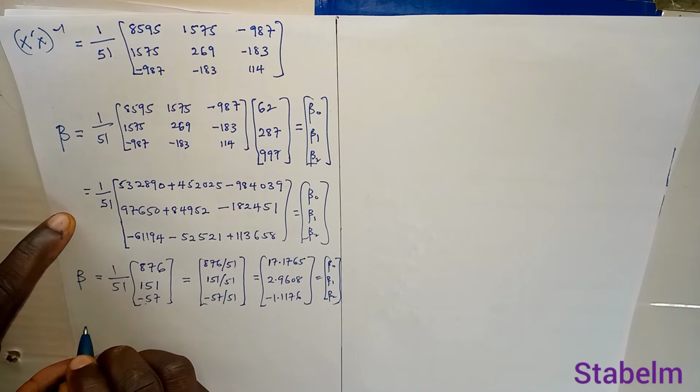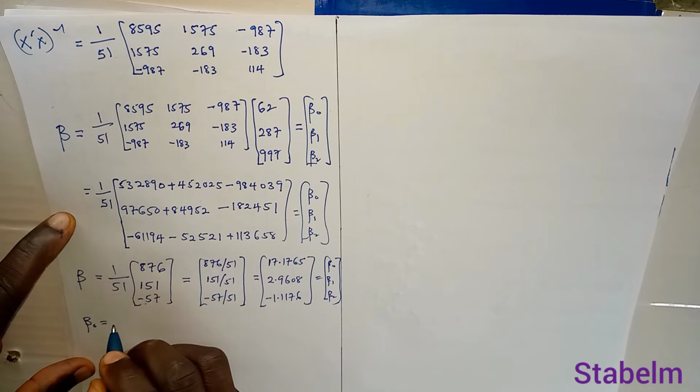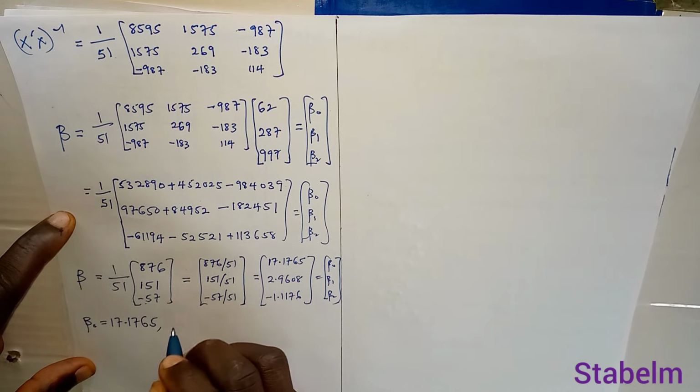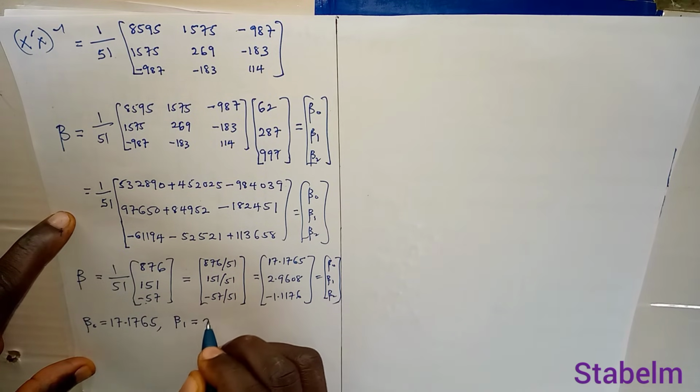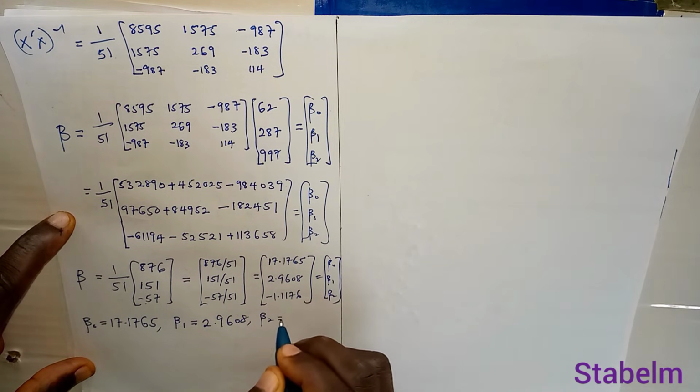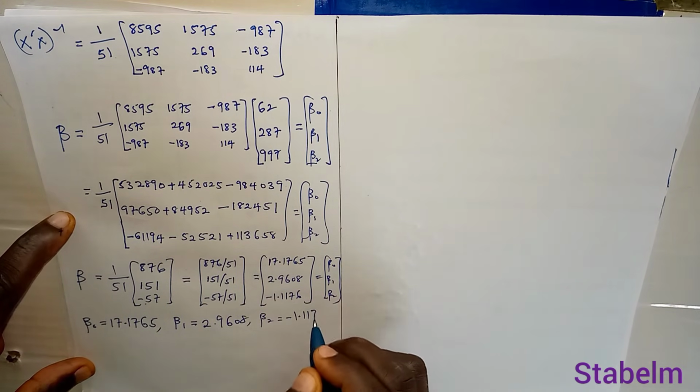So let me just write this as beta naught equals 17.1765, beta 1 equals 2.9608, and beta 2 equals minus 1.1176.